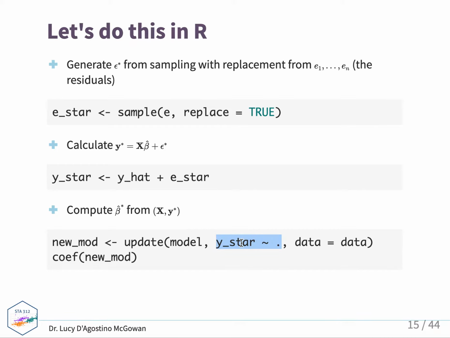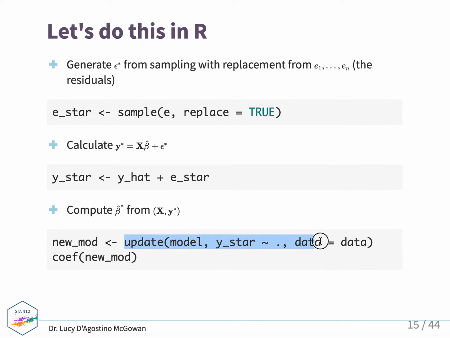Like we would normally write our formula, it's Y tilde and then we'd add our X's after. If we just put a dot here, the update function will assume that we want our X's to stay the same. So what this syntax does is update our Y value and use the original X value that we had put in our original model, which was this first argument here.